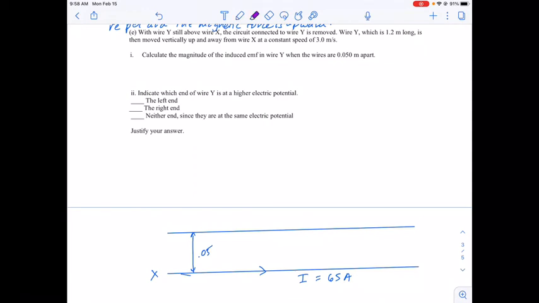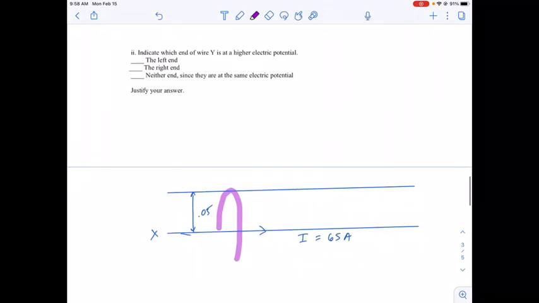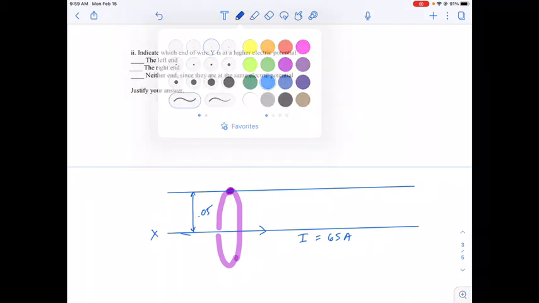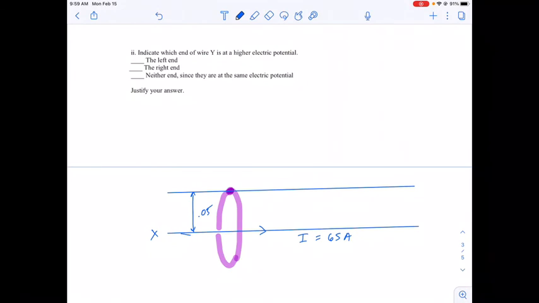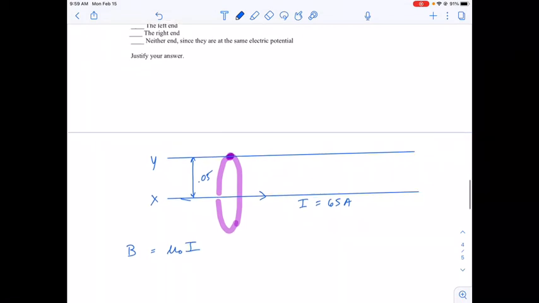I definitely need the strength of the magnetic field at this point at wire Y. And to get that, I'm going to use the formula B equals mu-naught times current over 2 pi r.